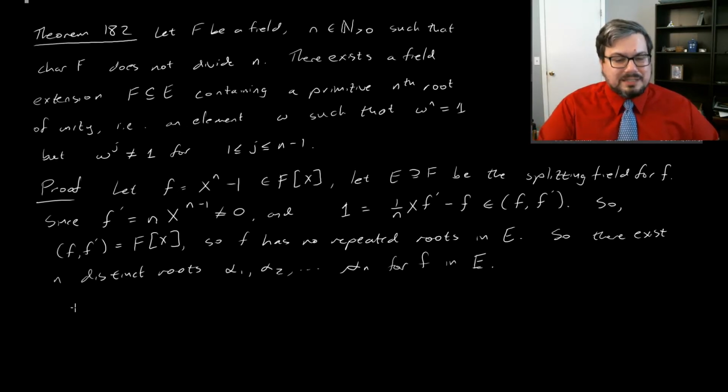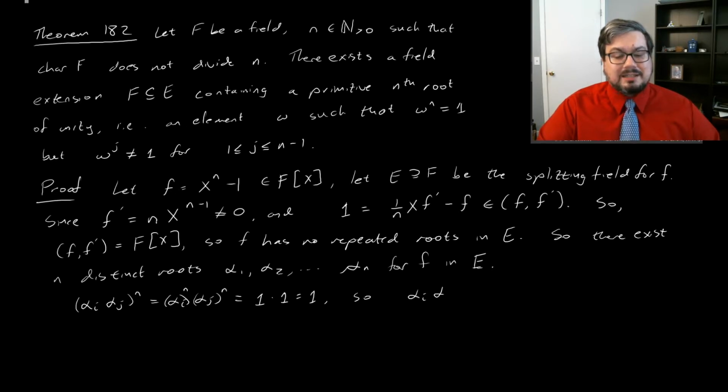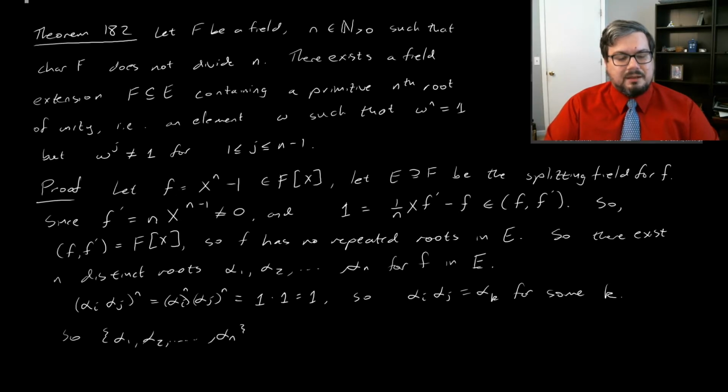Because if we take any alpha i times alpha j and we raise it to the nth power, that's alpha i to the n times alpha j to the n, which is 1 times 1, which is 1. So that means that alpha i times alpha j equals alpha k for some k. So that means that alpha 1, alpha 2, up through alpha n form a group.